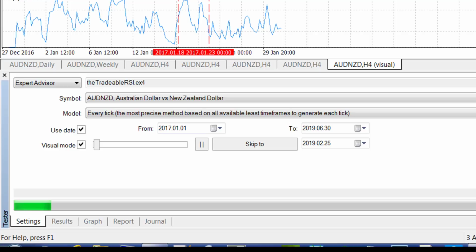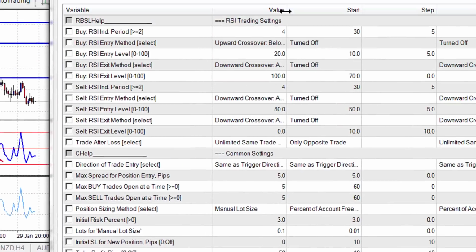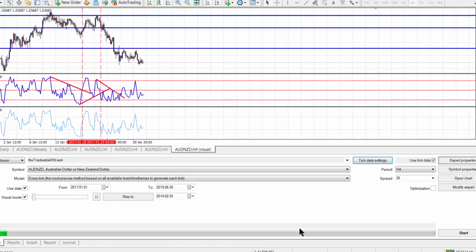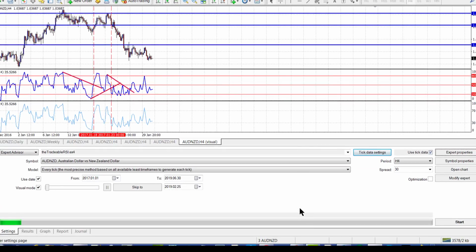And then you go in and you set the settings that you want to set, and you then say okay. Now this is quite an important thing about trading expert advisors. You have to see what they do. So I'm going to start the test, and I've got visual right to the side there.